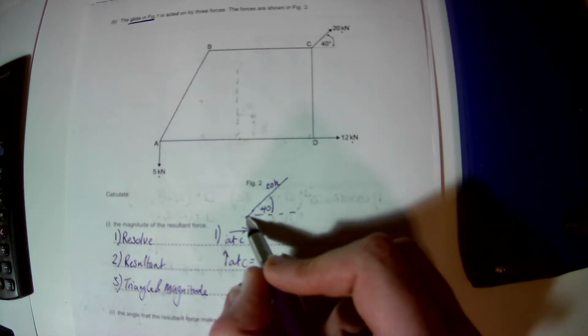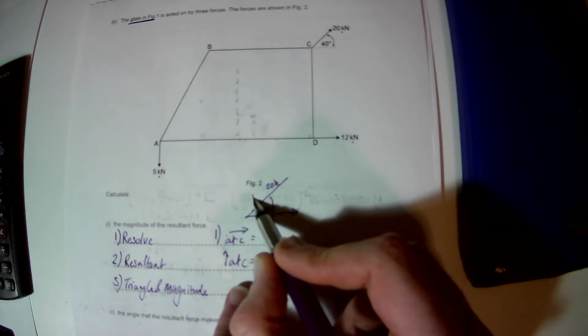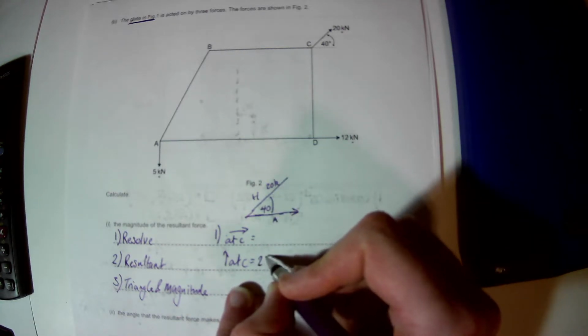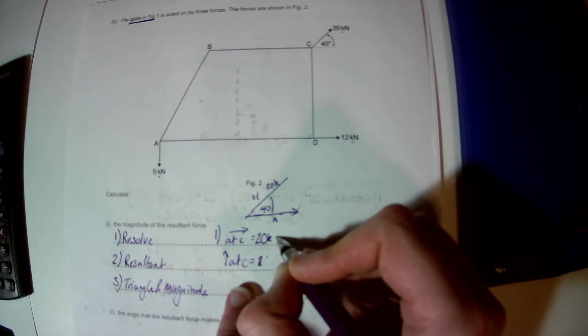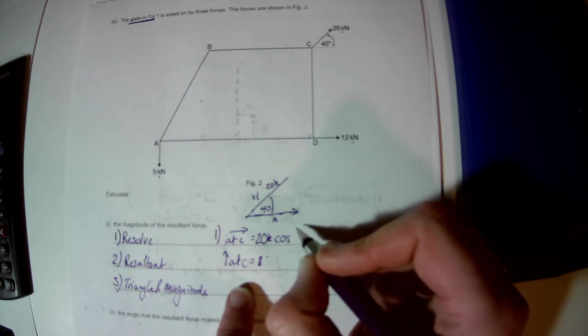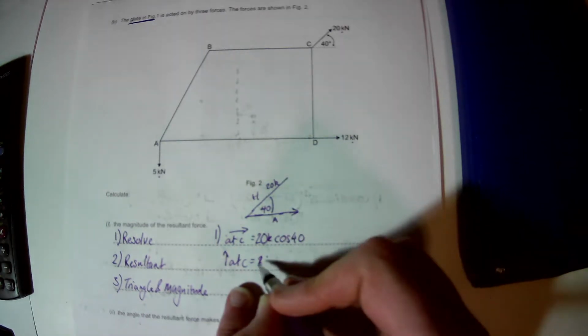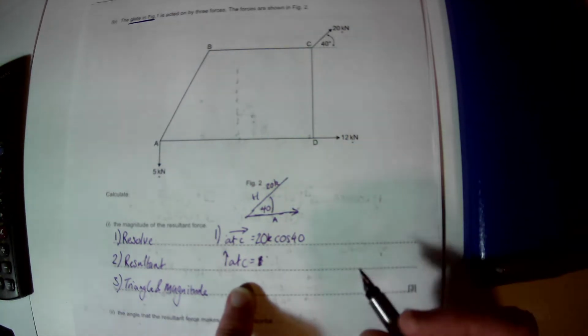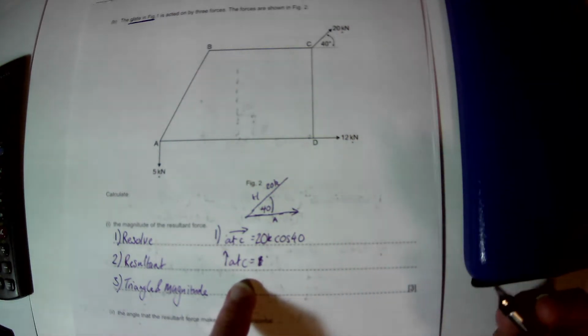My horizontal component is going to be acting here. I've got a hypotenuse, I have got an adjacent, so it's going to be 20k times cos of 40. We are going to leave all our forces in kilonewtons because that gives us a consistent measurement, and we don't need to times everything by 1,000. It's an unnecessary step.